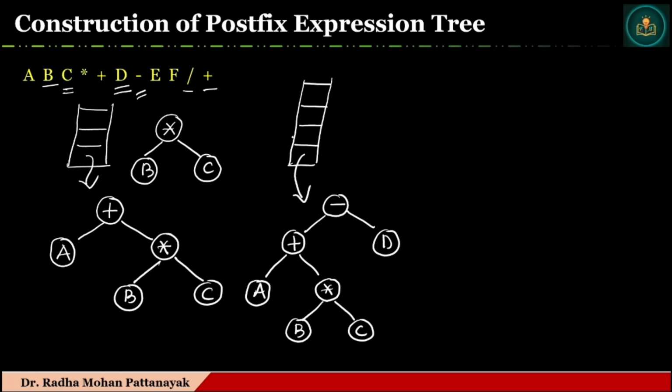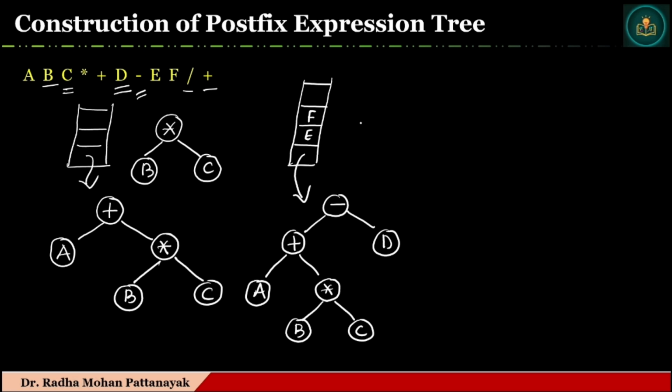Now E came. So push E into the stack. Then F. So push F into the stack. Then after that division came. So when division comes, what will you do? You will make a tree by taking F and E with division.